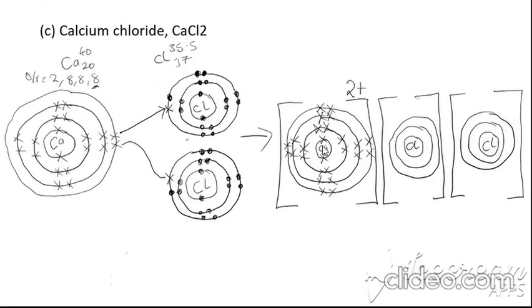Then let me get the electrons like that, and then you show how it gained one like that. Then this one same, it gained one like that. So as simple as that, and I'm sure you're clear on this.